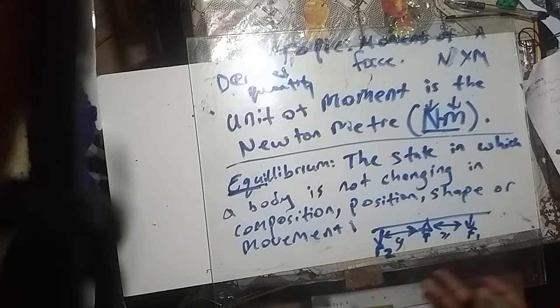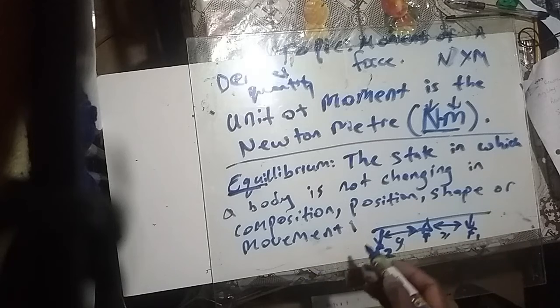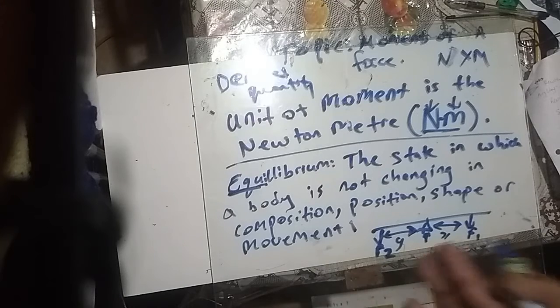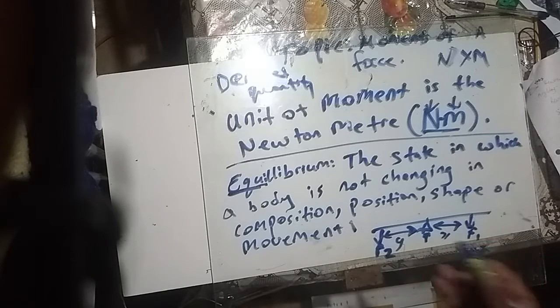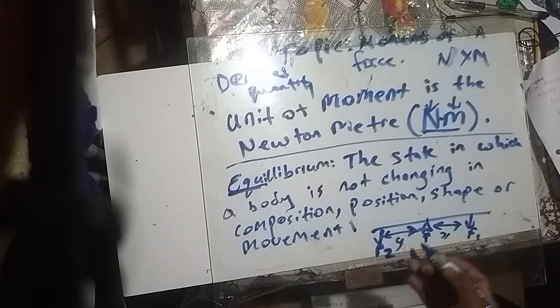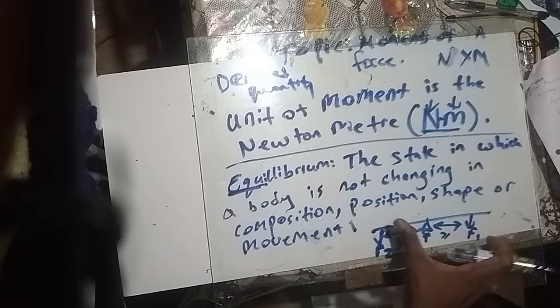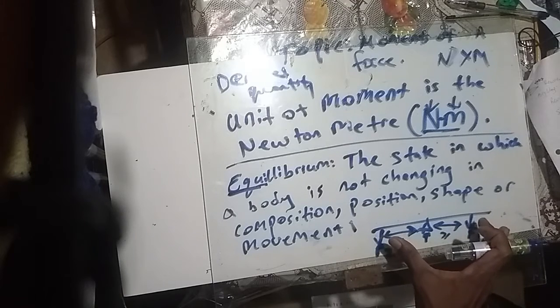This is because the force multiplied by this distance gives you a moment that is equal to the moment that you will get when you calculate this force times that distance. Though the distances and the forces may be different, by the time you calculate and you find the moment over here, and you find the moment over here, you're going to find the same moment, therefore you have a balanced state. Do you understand where I'm coming from?